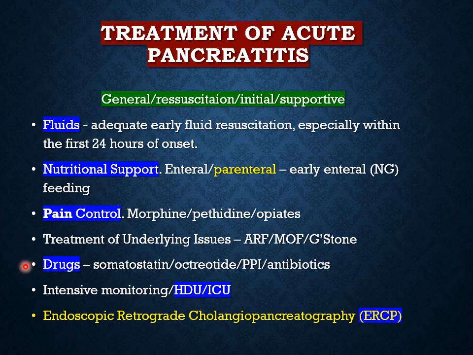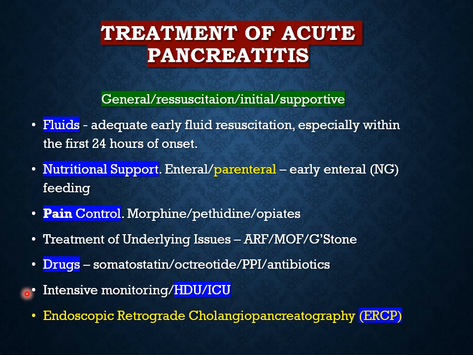Certain drugs have been found to be useful in the medical management of acute pancreatitis, such as somatostatin or its analog, octreotide, proton pump inhibitors, and antibiotics. Somatostatin reduces the pancreatic secretion, whereas the proton pump inhibitors will prevent stress ulcers, and antibiotics treat the infection.